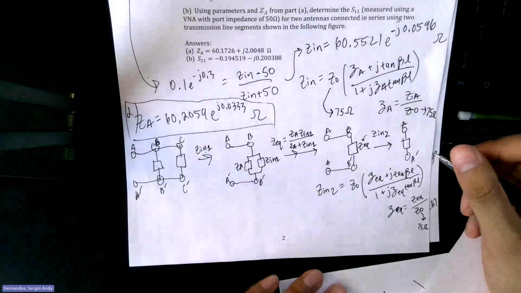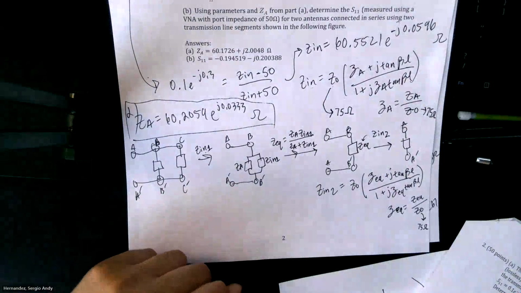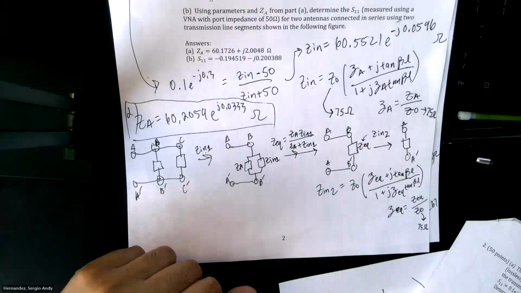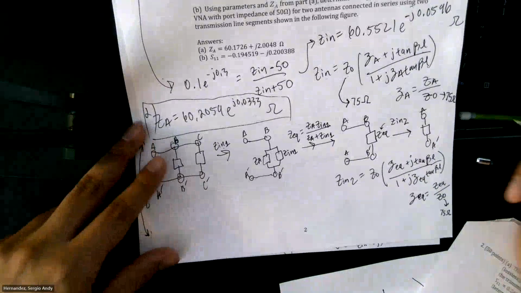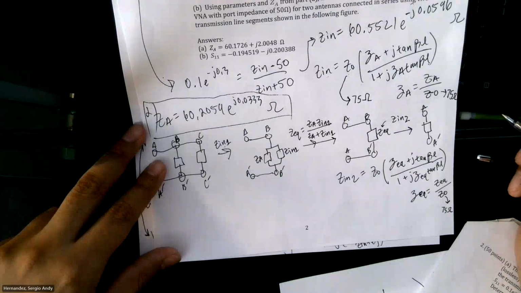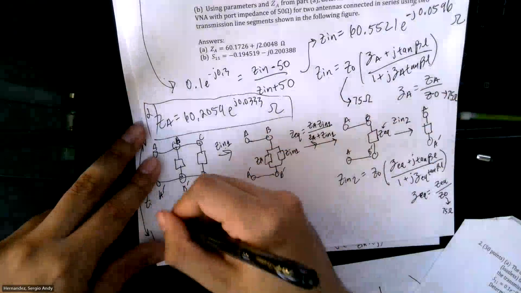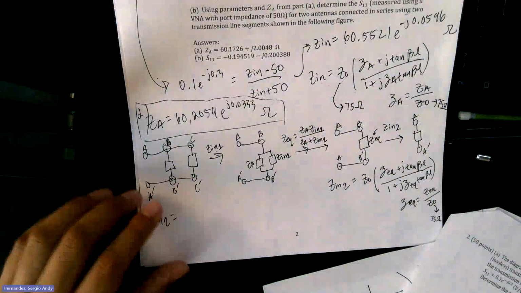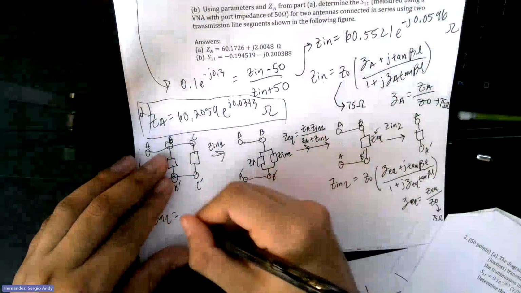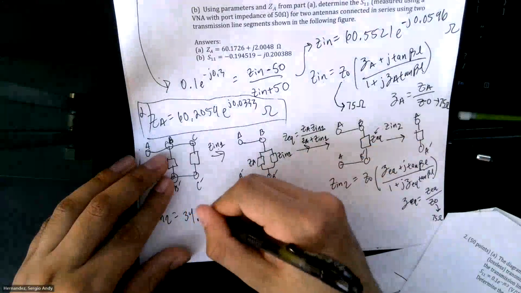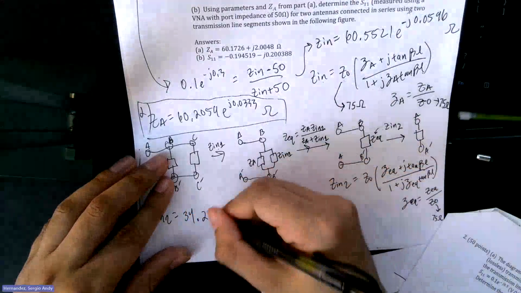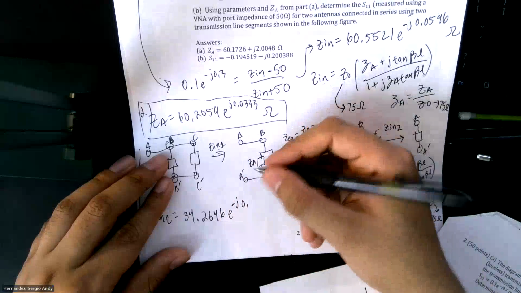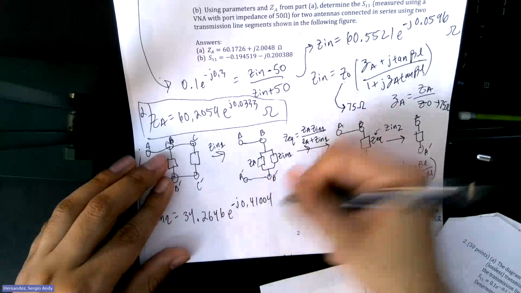Because it's a transmission line. This is going to give you the value of 34.2646 e to the negative j 0.4100.